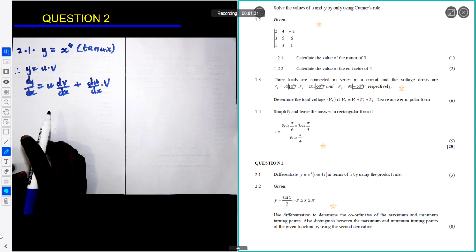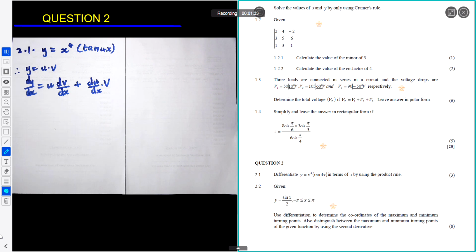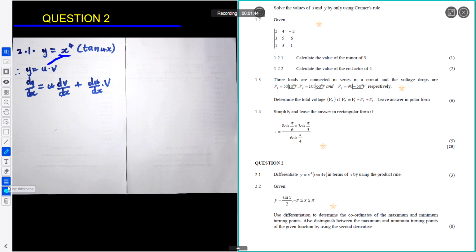In this case, you can let the first function be u, and the second function, tan 4x, be v.